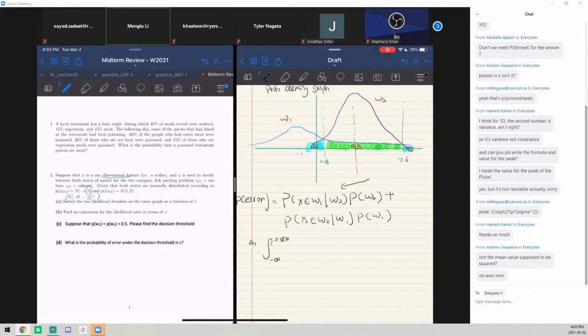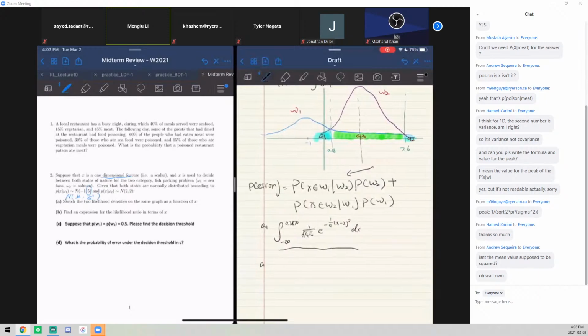It's under the purple line, so we write down the equation for the purple line. This integral will give us the area of A1. For A2, it's the same, from 7.6 to infinity.